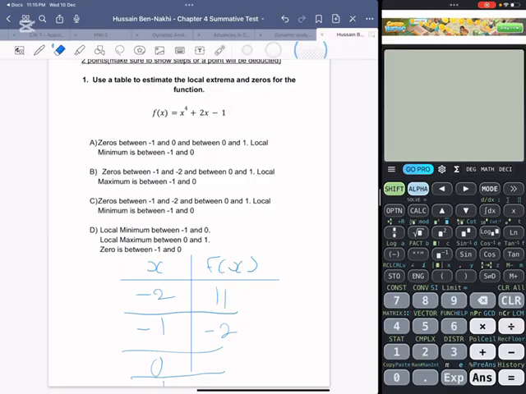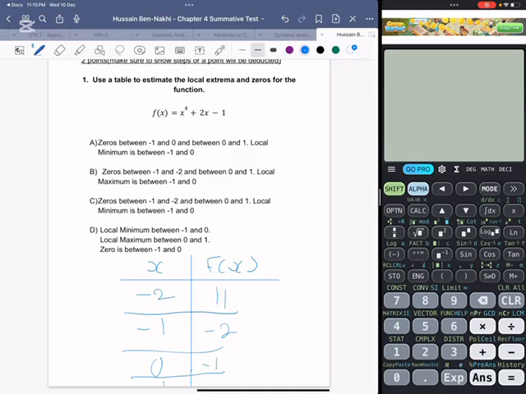For 0, it's straightforward. 0 to the power of anything is 0, and anything times 0 is 0. So for 0, it's -1. For 1, plug in 1.